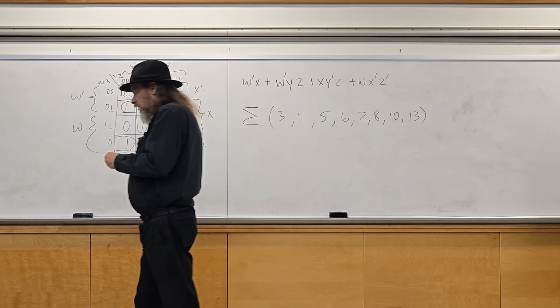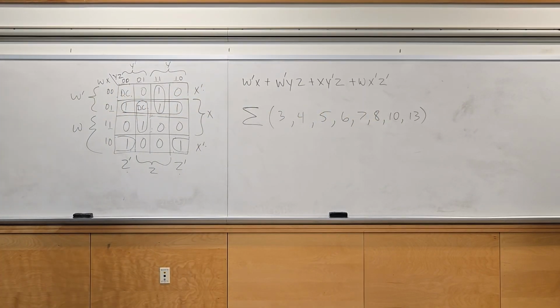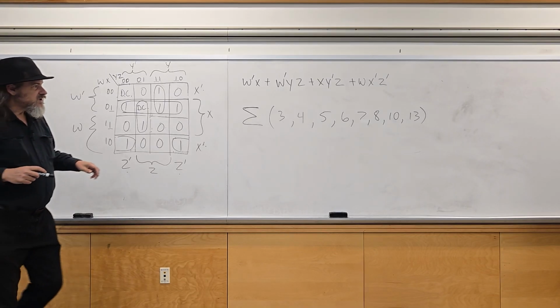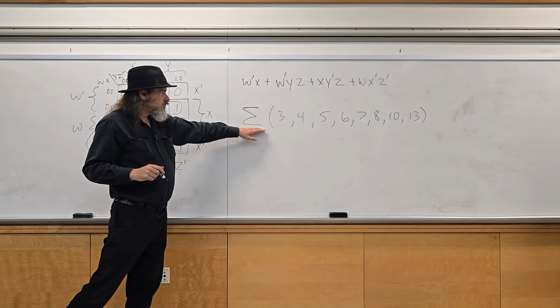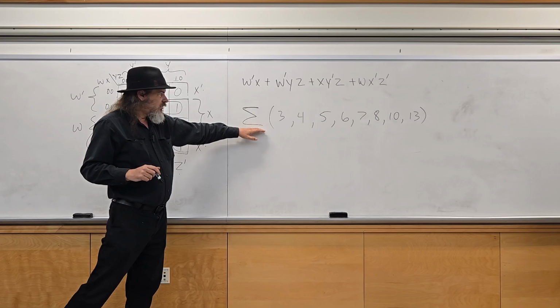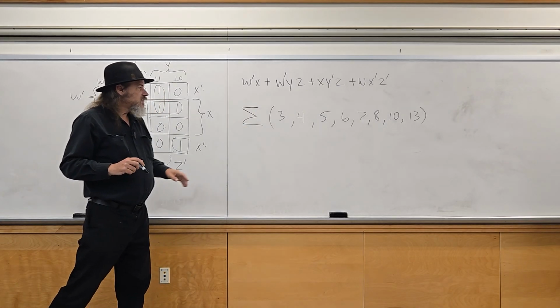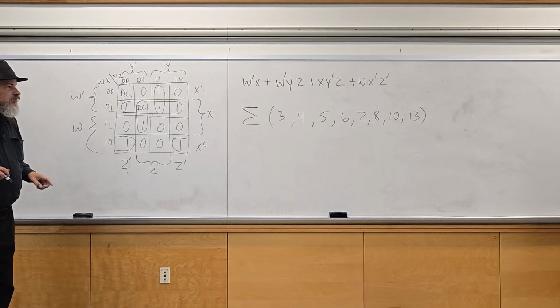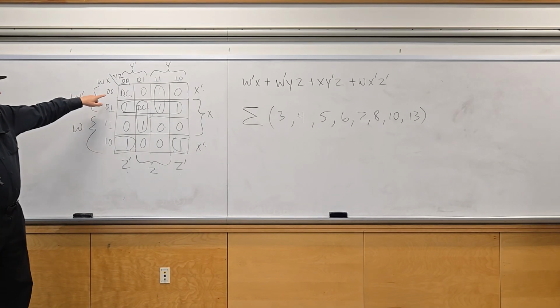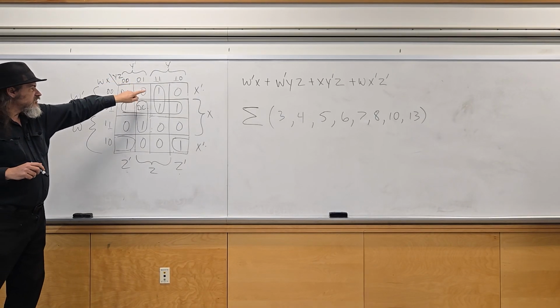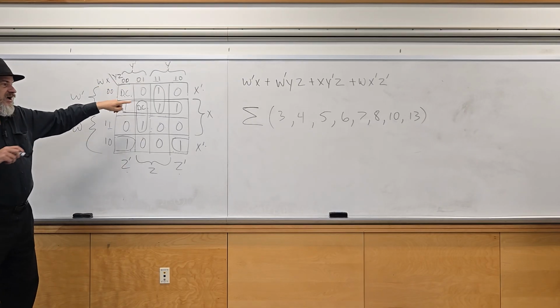So when you are given an expression as a sum of minterms, you take those numbers, convert them to binary, and then place ones where the binary numbers work.